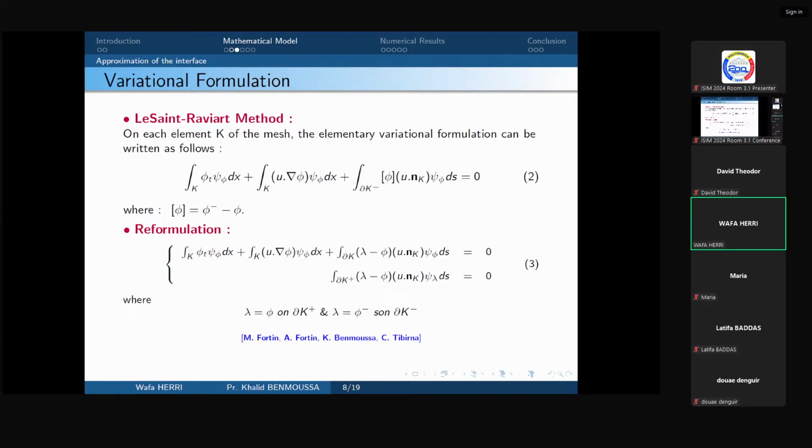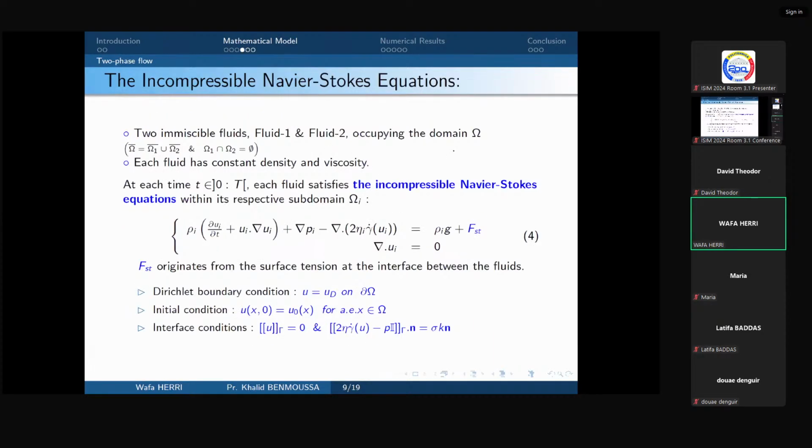Now we go to the two-phase flow, and we consider the two fluids, 1 and 2, to be immiscible, homogeneous, incompressible, and each with constant density and viscosity. Then the fluid flow is modeled by the following incompressible Navier-Stokes equations, where F is the surface tension force.